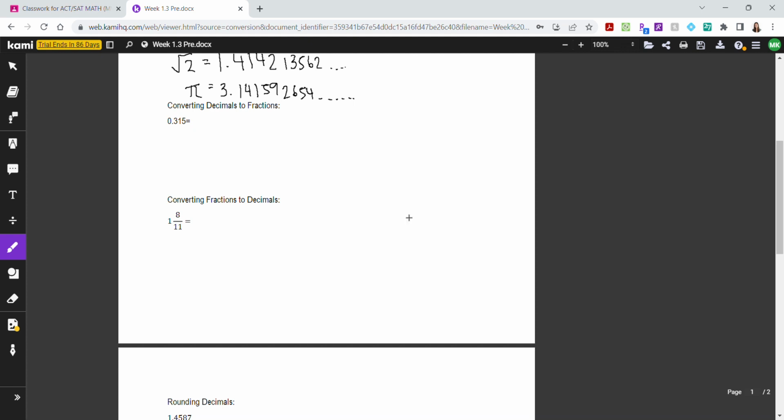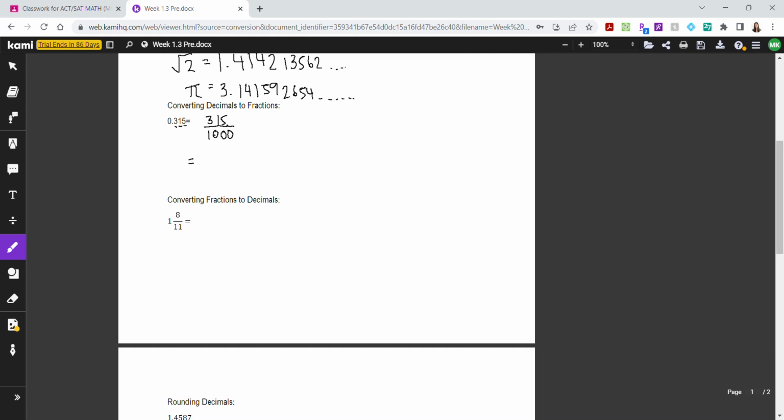So to first convert decimals to fractions, let's look. We have 1, 2, 3. Because there are 3 decimal places, that means we know the number, if we put it as a fraction, it's going to be over 1,000, right? Because 1,000 has 3 zeros. So 1, 2, 3, and then we're going to put 3, 1, 5. Oh, look, it's a fraction. But if you notice, we can actually simplify it, right? Because 315 and 1,000 can both be divided by at least 5, if not more.